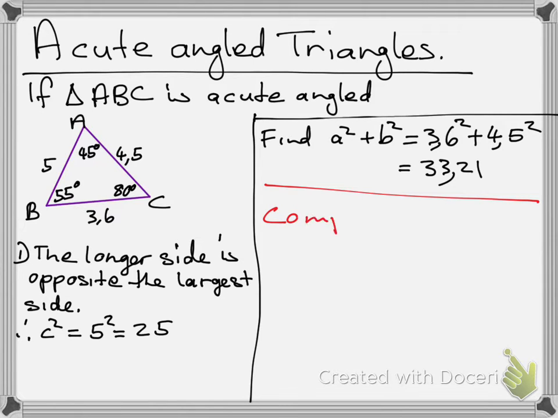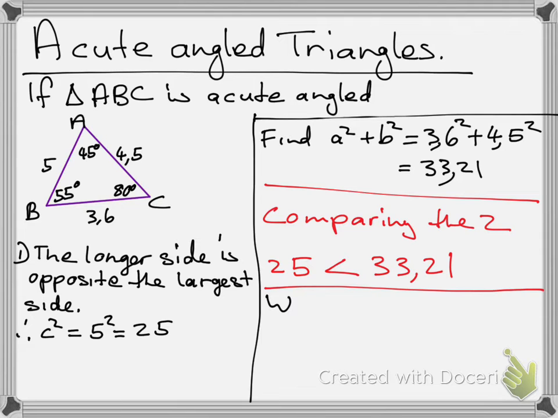33.21. Now, we compare the squares, right? We compare the square of the longest side and the sum of the squares of the other two shorter sides. And you will see that 25 is less than 33.21.